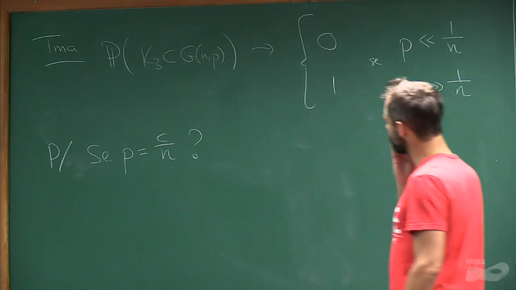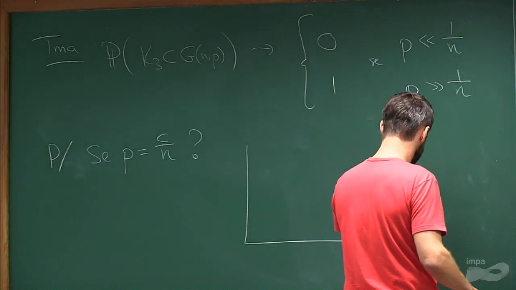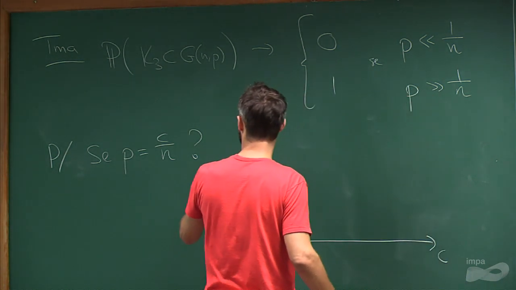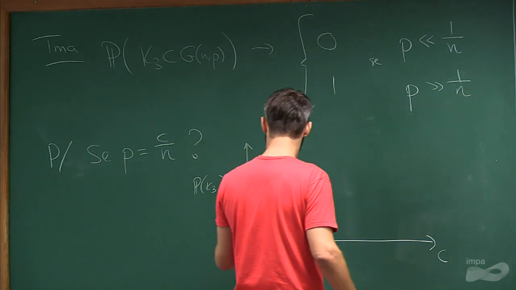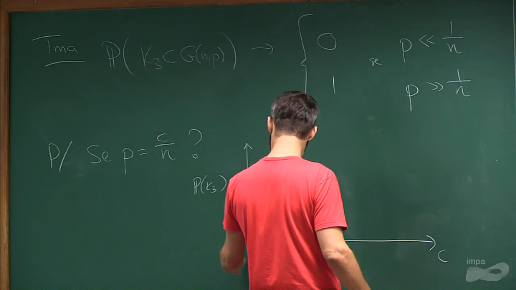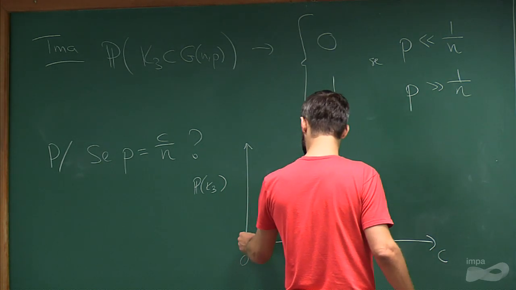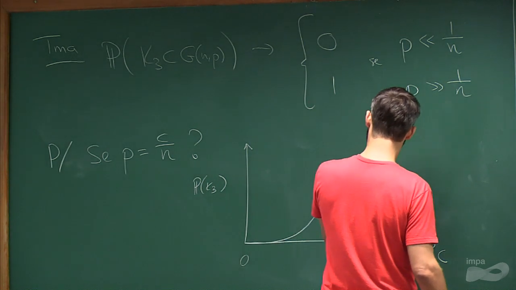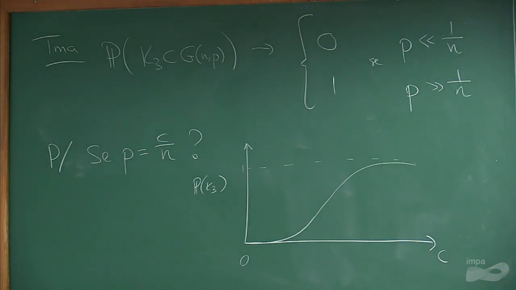So what I want to show is that this is c, and this is the probability there's a triangle. Then as c goes from 0 to infinity, this probability is going to go up something like this. So let's try and determine the shape of this curve.